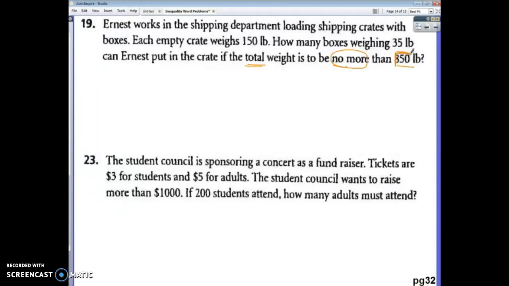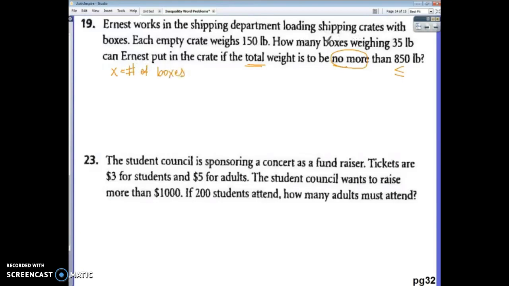I'm gonna box this. Okay, no more than 850, so this should be less than or equal to. All right, so I know that it says how many boxes. That's what I'm looking for, the number of boxes.